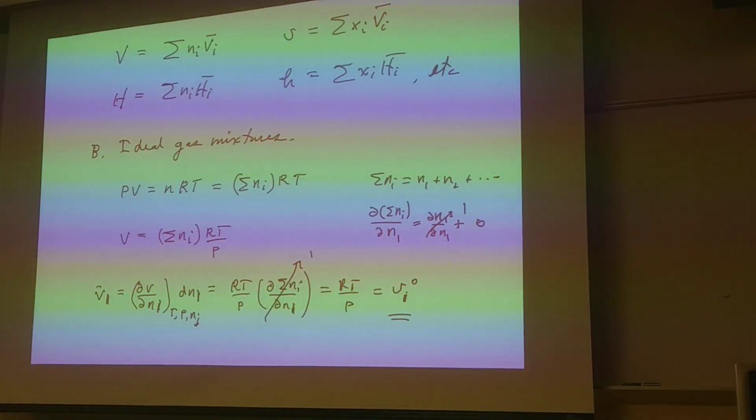So I did it here for volume. Let's take a look at other properties and consider what the partial molar enthalpy would be. We're again talking about ideal gases, and I can say without any further ado that those are equal to the corresponding pure component molar enthalpies.